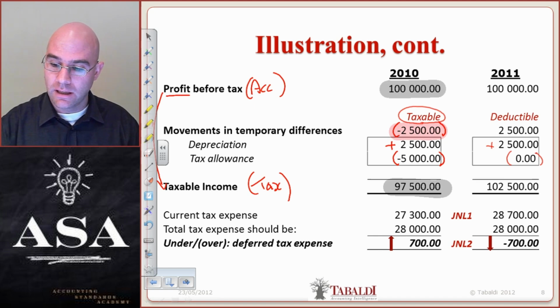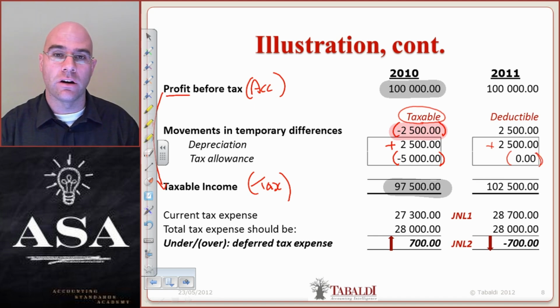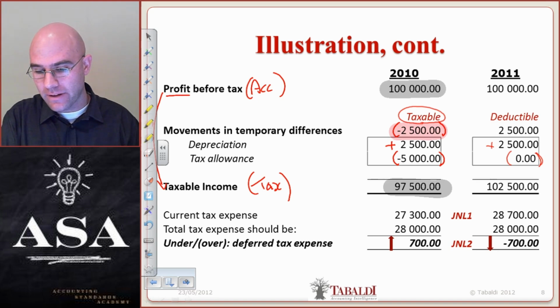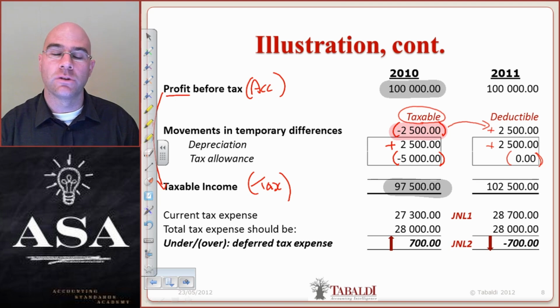But the periods in which they are expensed for accounting and tax are different. So the 2,500 Rand taxable temporary difference reverses out in the 2011 year. We used to call it a reversing taxable temporary difference. Now it's a deductible temporary difference.